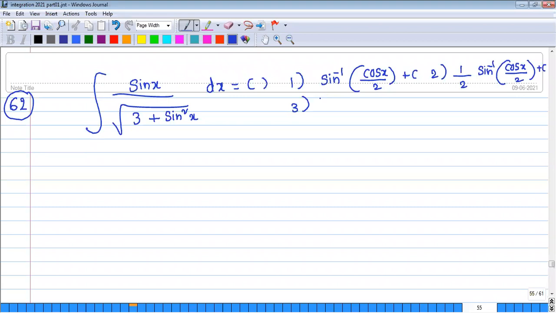Third option, minus half times sin inverse of cos x by 2 plus c. Fourth option, minus sin inverse of cos x by 2 plus c.